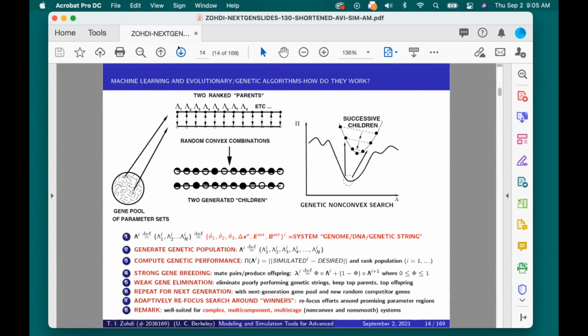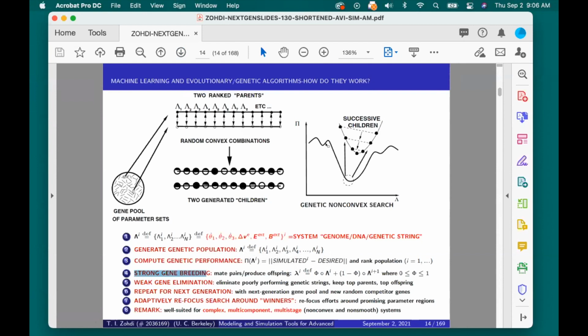This is where the machine learning comes in. Essentially, what we do is we rank the robots based upon their choices of what we have for the parameter settings. We generate the population, we compute their performance, we emphasize the ones that have strong genetic behavior, meaning they come close to what we want. We eliminate the weak, and we repeat the process over and over again. Again, I've said this multiple times.